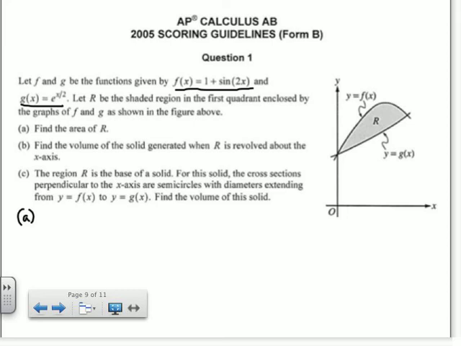So if I'm finding the area of R, I need to know that I'm going from 0 to whatever this x value is here. So go ahead and put those in as y1 and y2 on your calculator. We're going to find where they intersect.